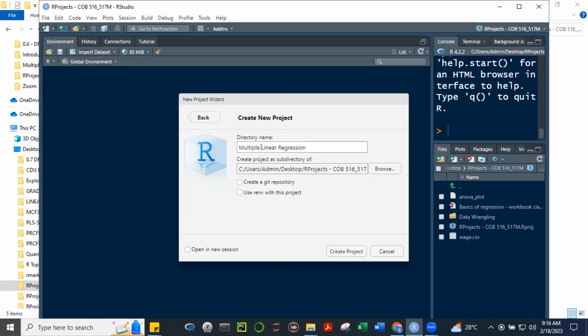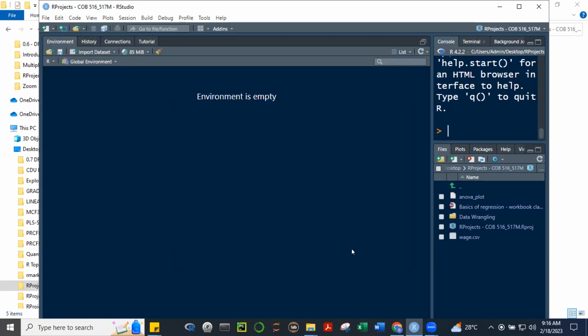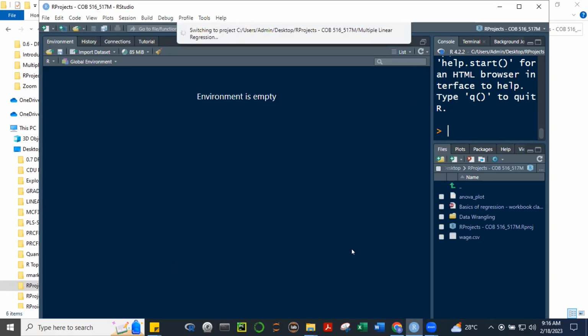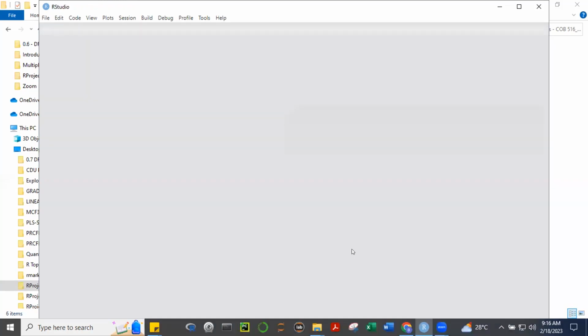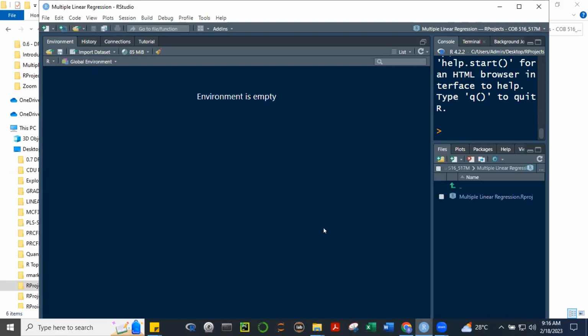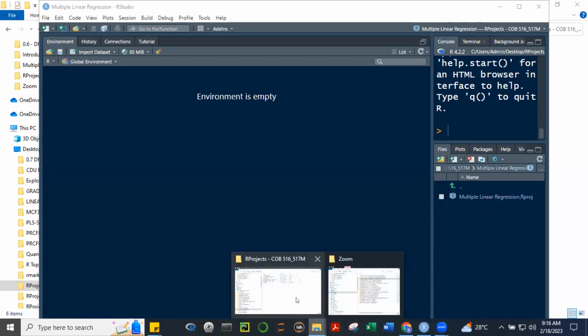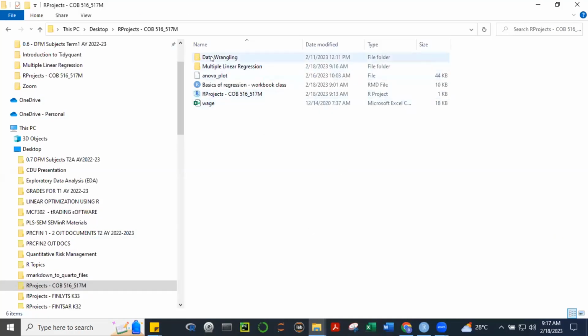I'm going to create a new directory, multiple linear regression, create project, and there. If I take a look at my folder here, I created this new project, and I'm going to transfer the files there.